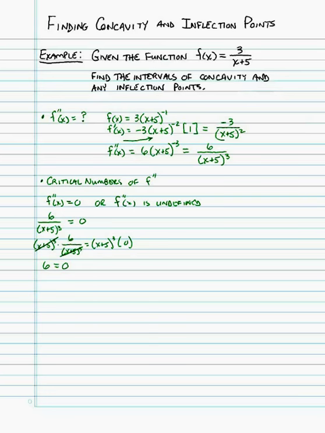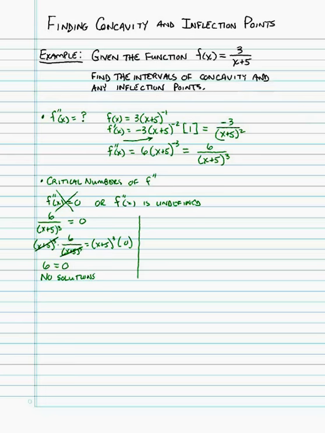Well, whenever we see something like that, if we've done our work correctly, that's a big hint that our original equation doesn't have a solution. Because to have a solution, 6 would have to be equal to 0, and that's never going to happen. So there are no solutions to the equation 6 over x plus 5 to the power 3 equals 0, which means there are no places where the second derivative is equal to 0. So there are no critical numbers associated with that.